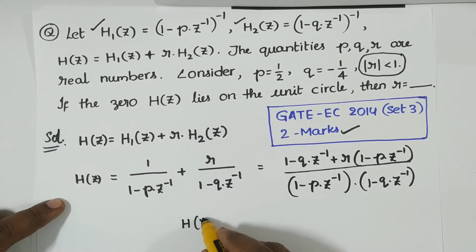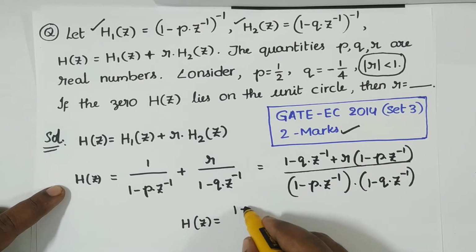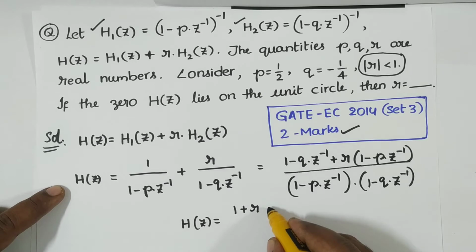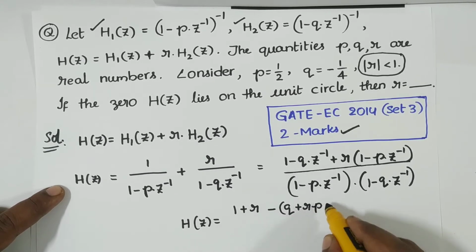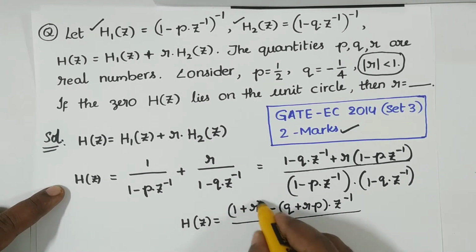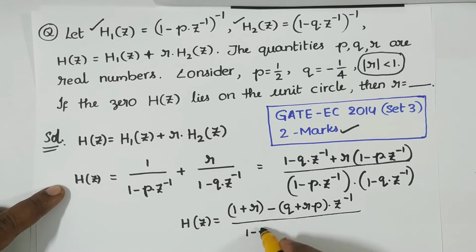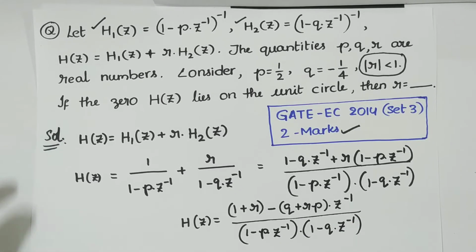H of z is 1 plus r minus q plus rp multiplied by z power minus 1, divided by 1 minus p z power minus 1 multiplied by 1 minus q z power minus 1.